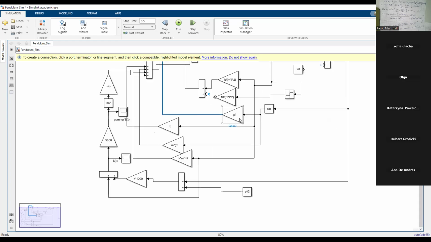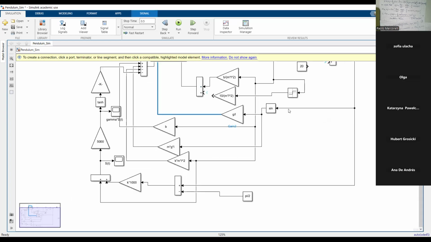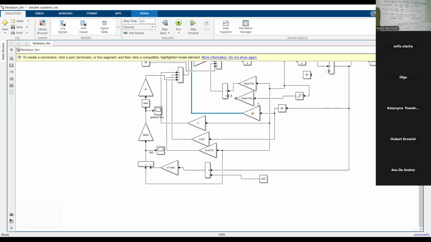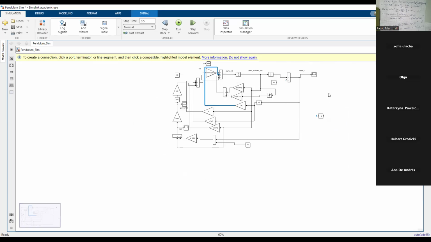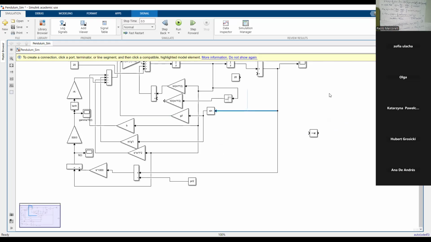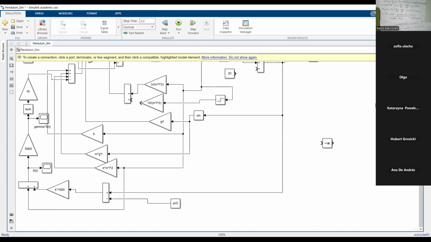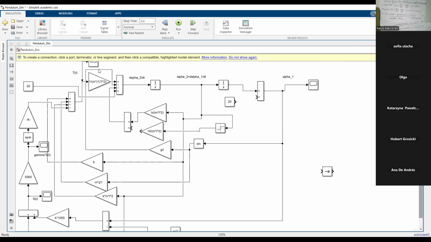Here is G divided by L, which multiplies sine of alpha 1, with a minus.